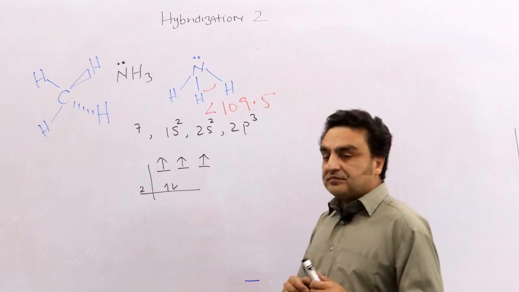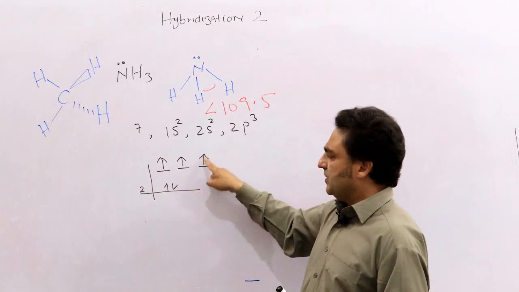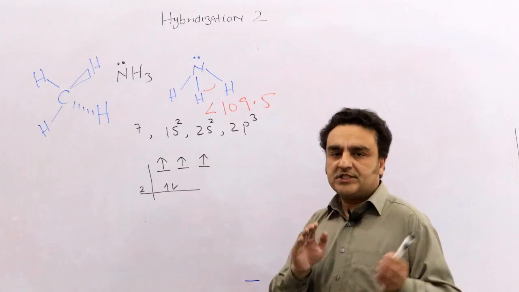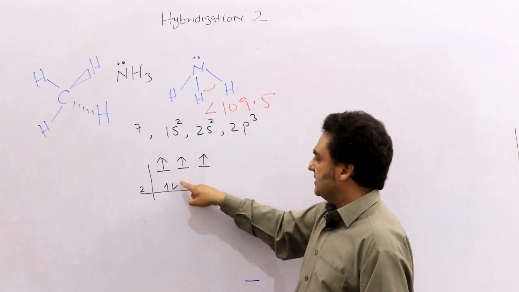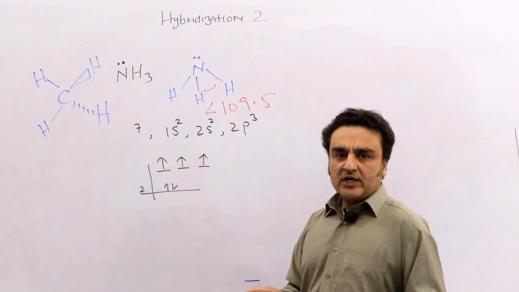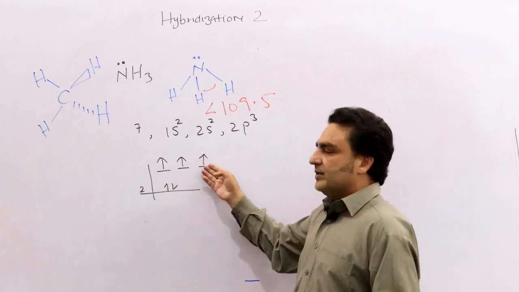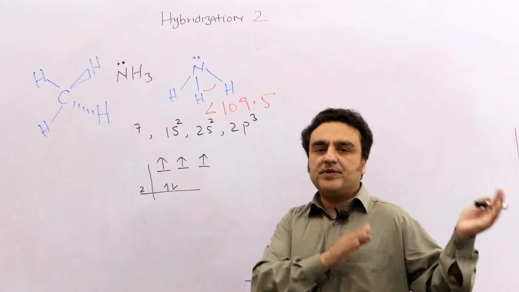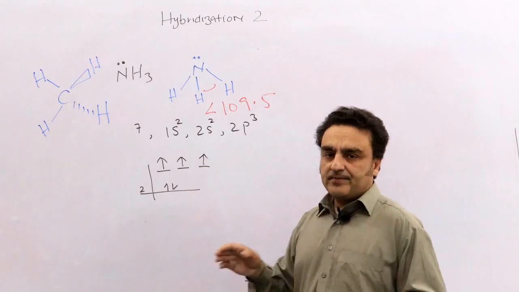If an electron is excited from here to here, or if it is not excited, the case is the same, because if one electron is excited to one of the p orbitals, one orbital will become paired and another will become unpaired.